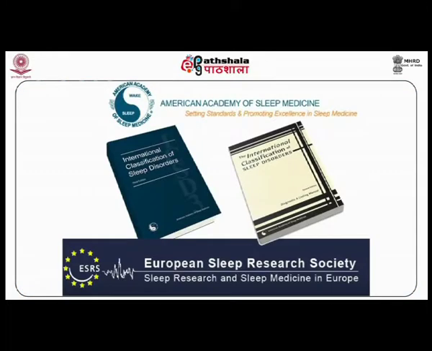The first major classification of sleep disorders, the Diagnostic Classification of Sleep and Arousal Disorders, published in 1979 by the Association of Sleep Disorders Centers, organized the sleep disorders into symptomatic categories to form the basis of the current classification systems.